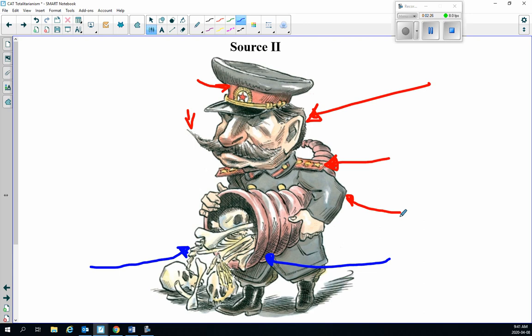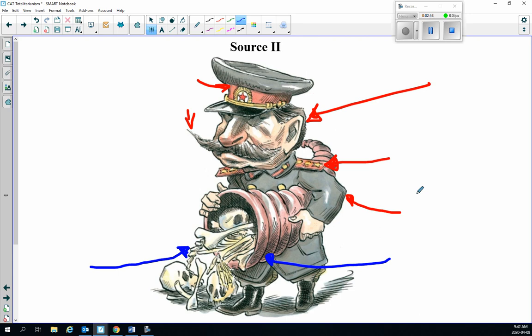So he's promising one thing, yet he's delivering another. And that's quite often what totalitarian regimes do: they give you the appearance of the perfect ideal society, but when you dig deep, you realize it's not ideal or perfect at all. Maybe for the people in charge, but not for the general population.